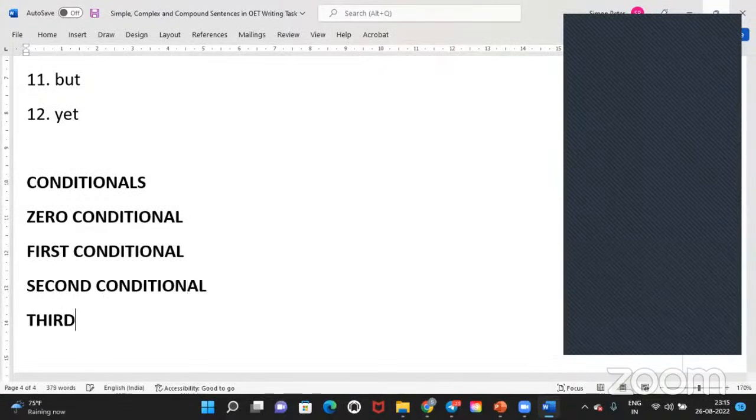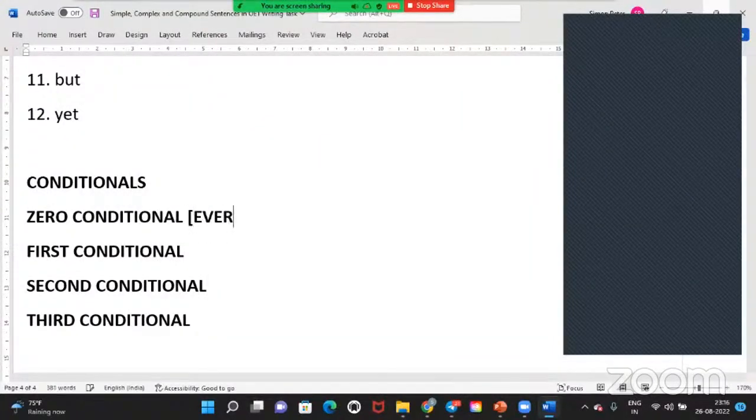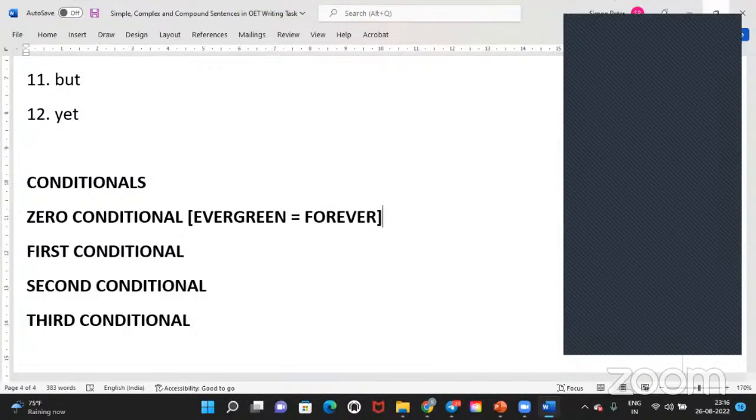So zero conditional means it's an evergreen condition. First conditional is present, second conditional is past, third conditional is past perfect. Zero conditional is evergreen, means forever. Zero conditional is always the truth.